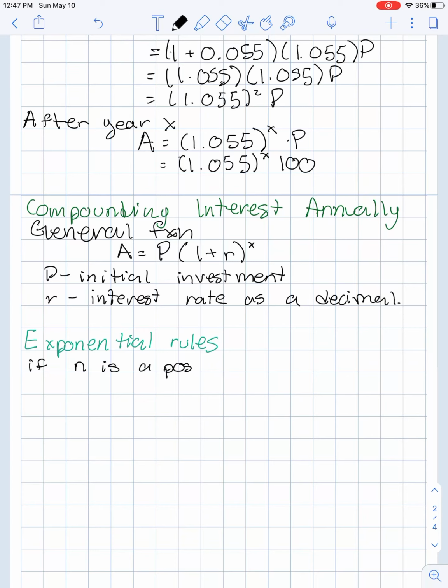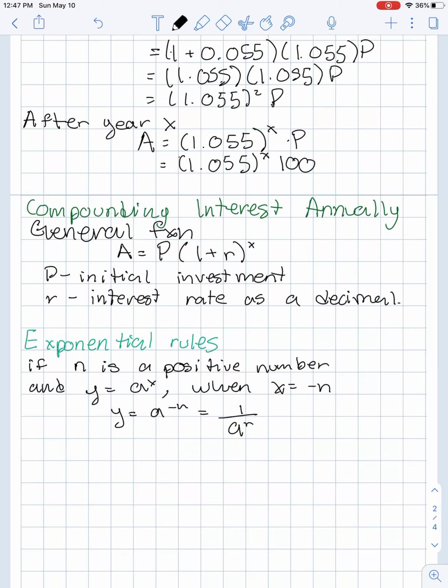If n is a positive number, and y equals a to the x, when x equals negative n, we'll have y equal a to the negative n, and I can rewrite that as 1 over a to the n.